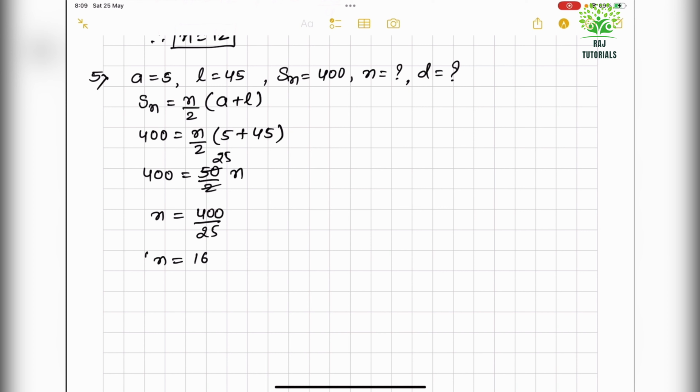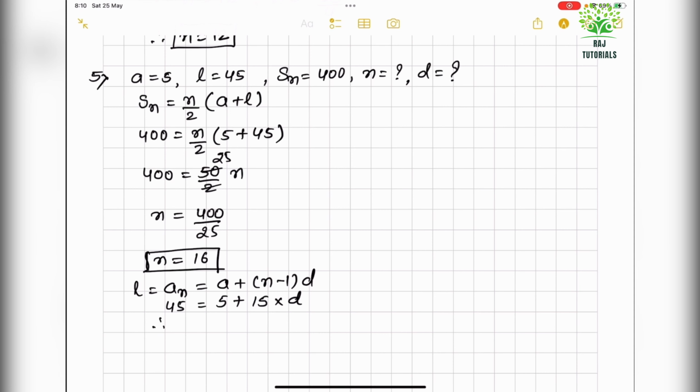Now I have got n. Now I know that the last term, which we call an, is equal to a plus n minus 1 d. So n is 16, so I can say 5 plus 15 into d equal to the last term, 45.